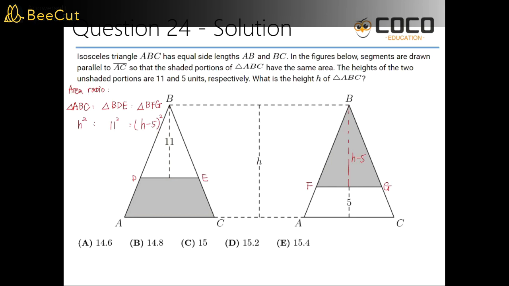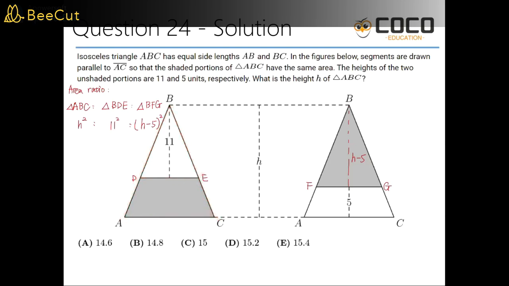And we know that the 2 shaded regions, they have the same area. Okay. Now, from the area ratio, this one total is h square. Now, the one on top is 11 square.